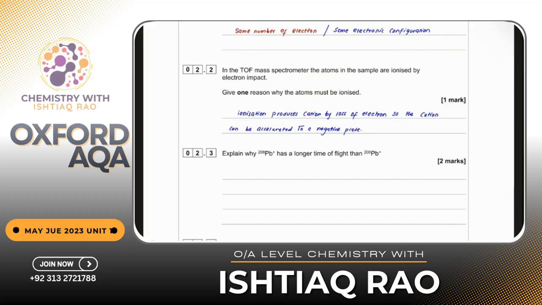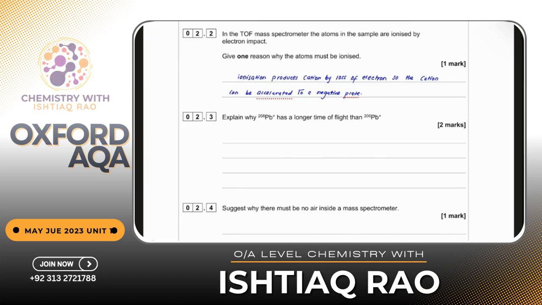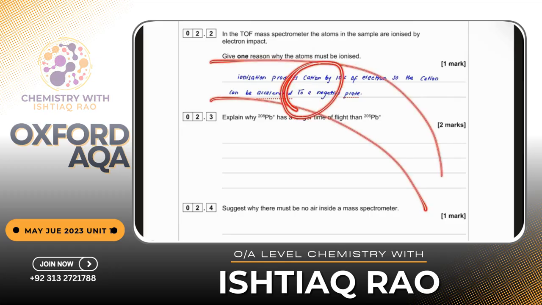Simple. We are not supposed to write magnetic field attracted towards the magnetic field. No, we have to say to a negative plate. We are talking about the plate that we have attached. It's a hollow disk basically, a disk with a hole in between.